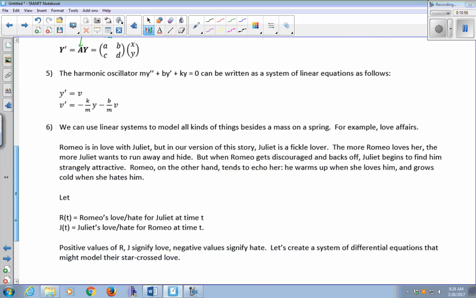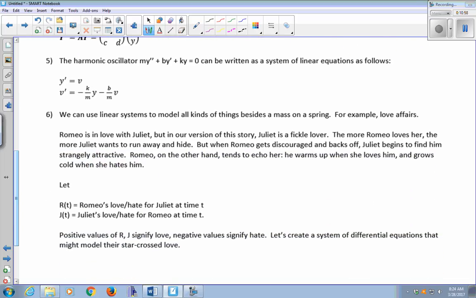So we've talked about the harmonic oscillator, this mass on a spring, and it had the equation my double prime plus by prime plus ky equals 0. M was mass, b was the damping force, and k is the spring constant.